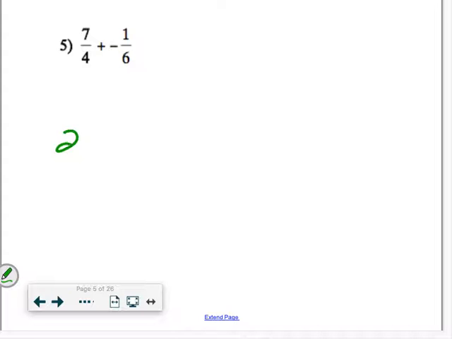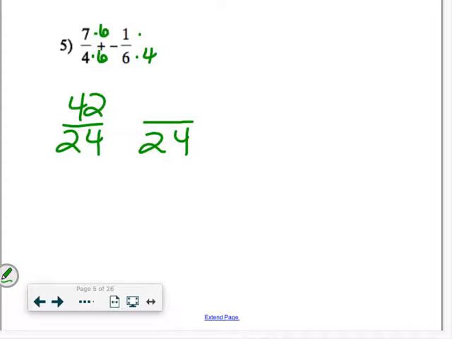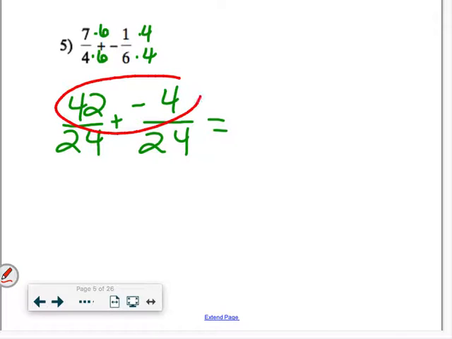So let's start with 24. Change the 4, got to times top and bottom by 6. Change the 6, times top and bottom by 4. All right, so add and subtract across the top. 42 plus negative 4, different signs, so we subtract.